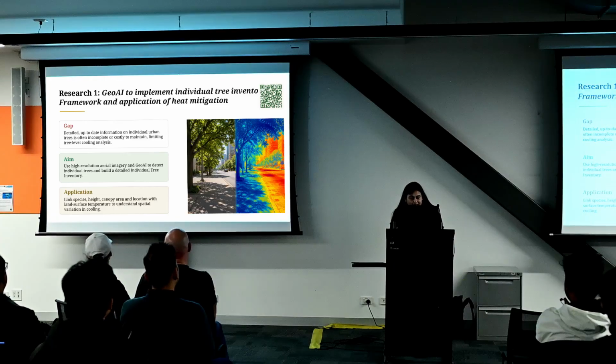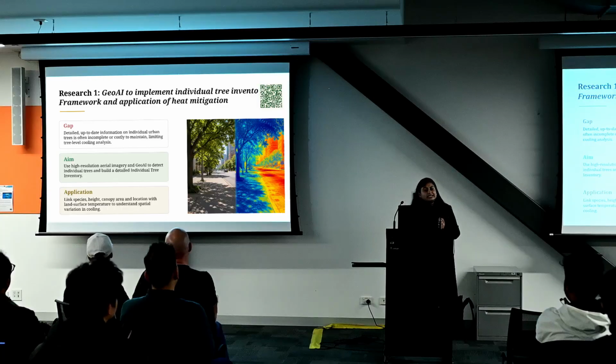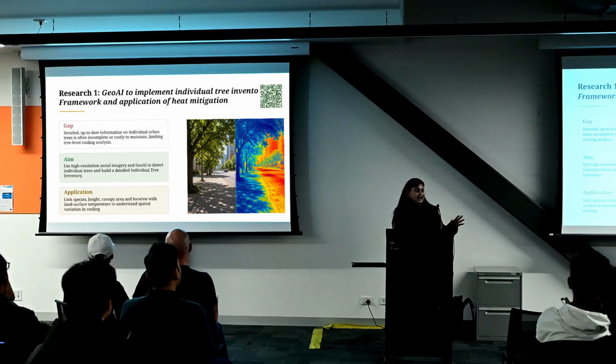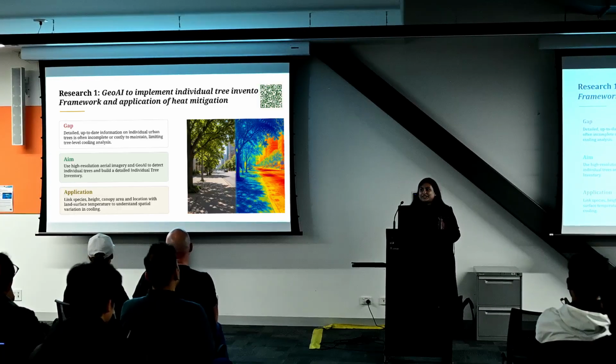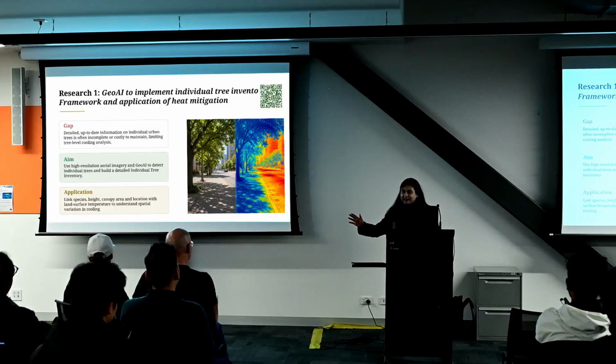My master's research title was GeoAI to implement individual tree inventory, framework, and application of heat mitigation. As I said, I'm a geographer and I love working with environment and heat and climate. So I call my journey a green journey because it's always related to trees and environment.